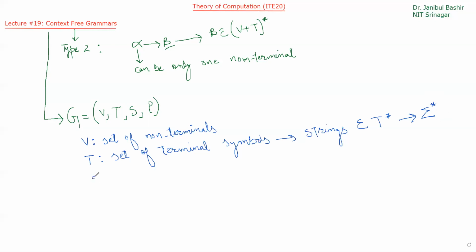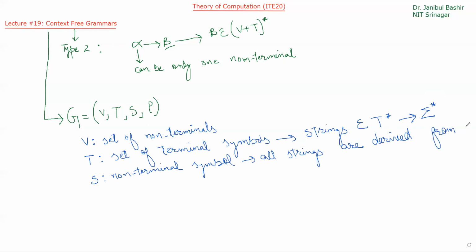S is a special non-terminal symbol, and all strings are derived starting from S. And P is the set of production rules.